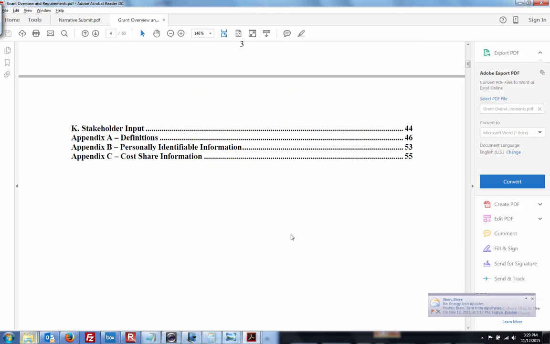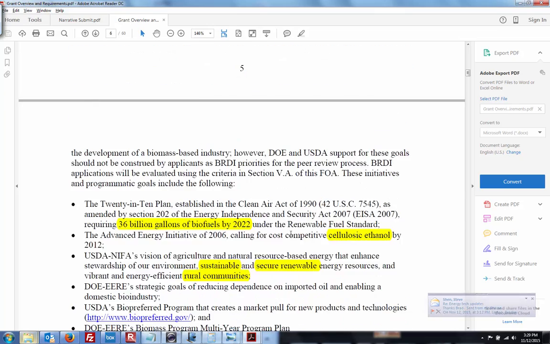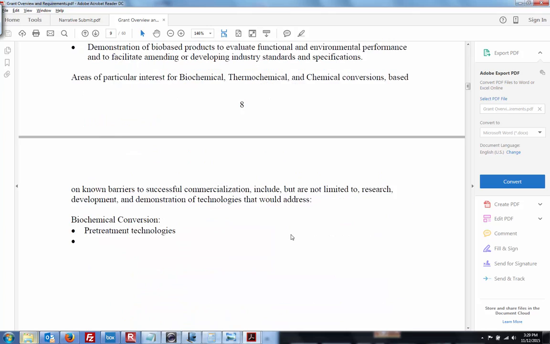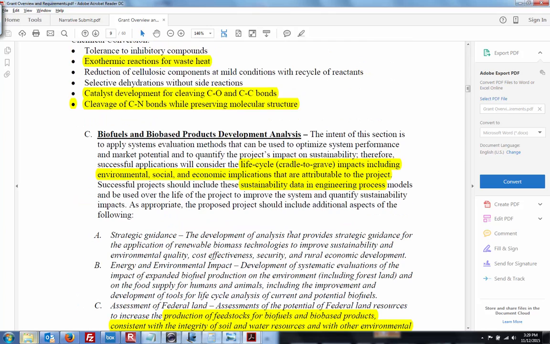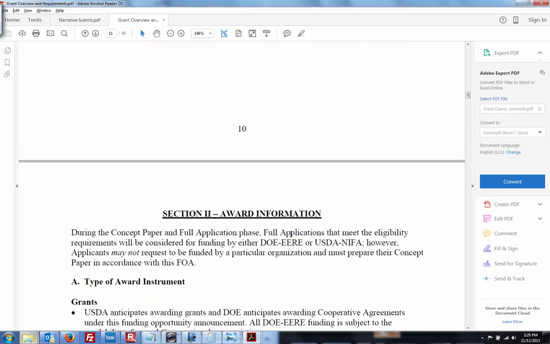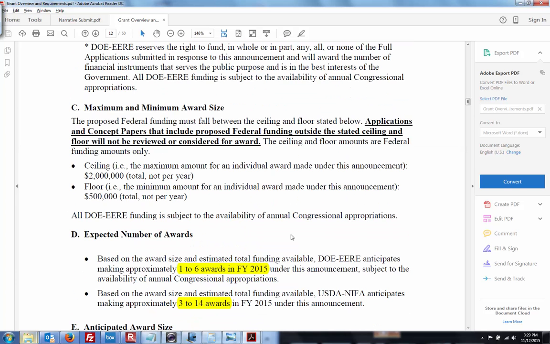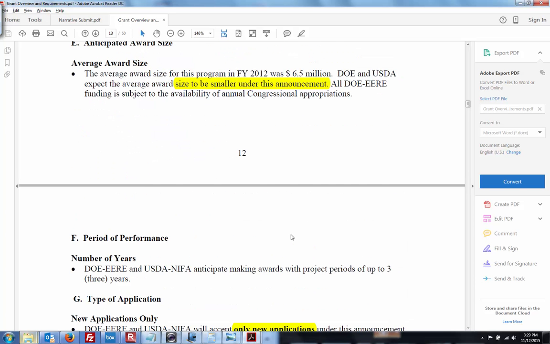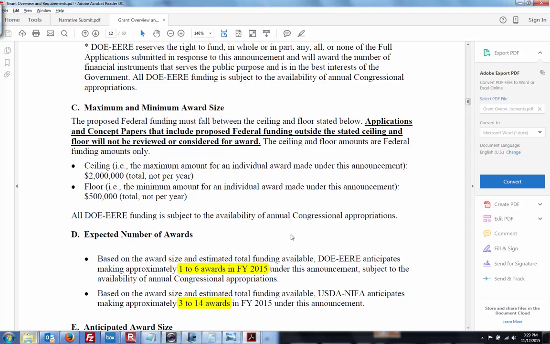So anyway, what I did, I highlighted the text, and I more or less took the language straight out of here once I'd read the whole thing, and tried to address really as much as we could, each bullet point. Super competitive.